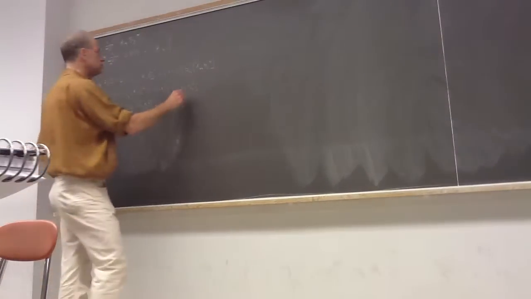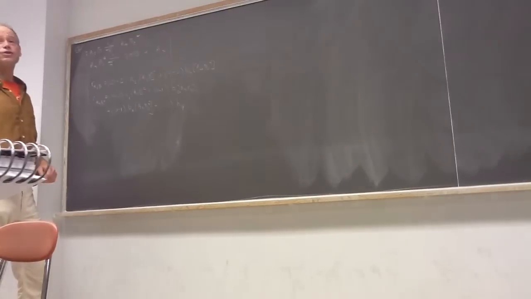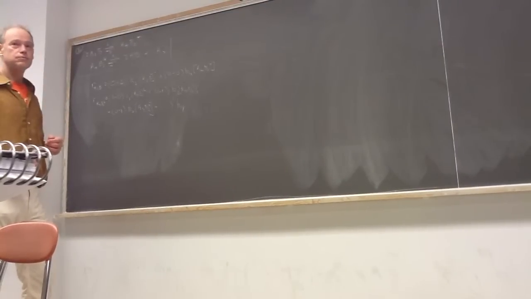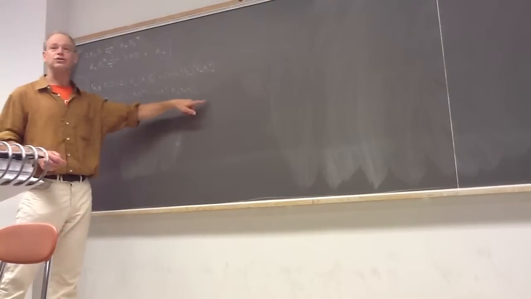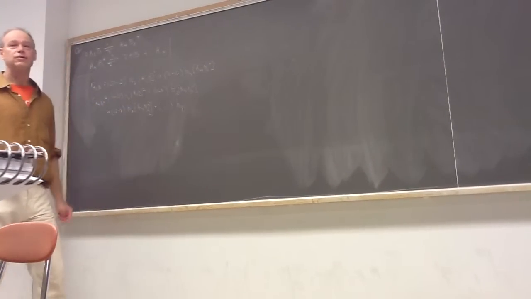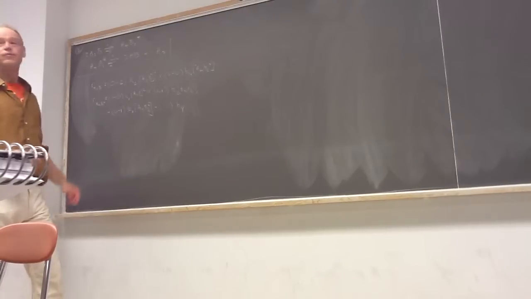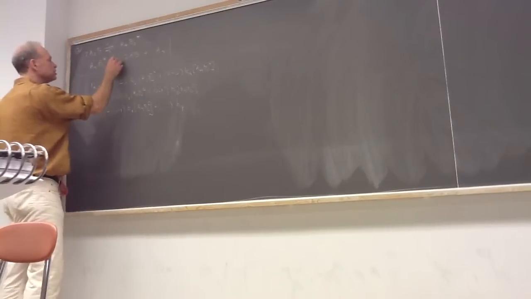Concentration A4, K4. I always do the concentrations on the tail of the arrow, not the head of the arrow. So here I have the arrow. I always start at the tail of it.